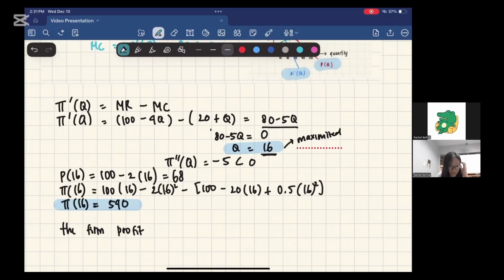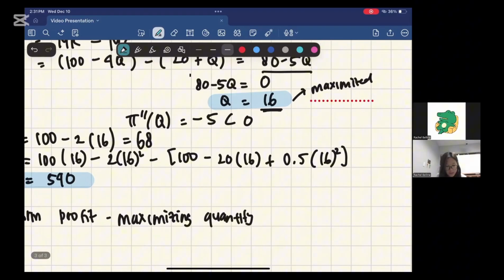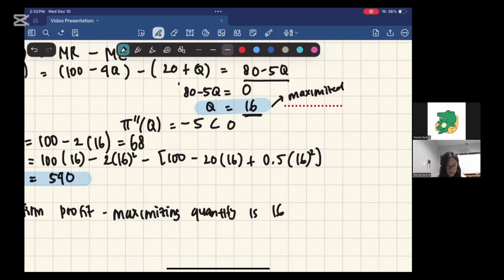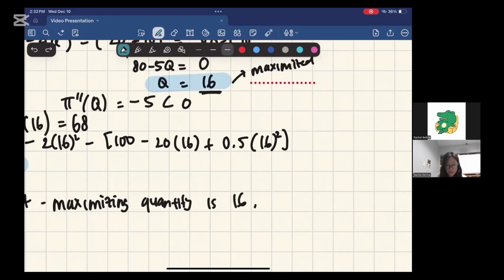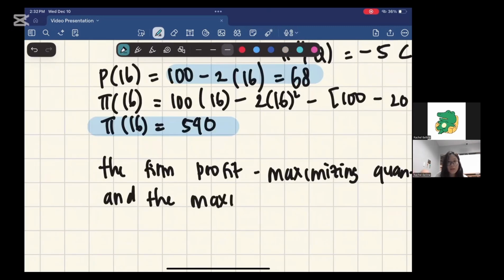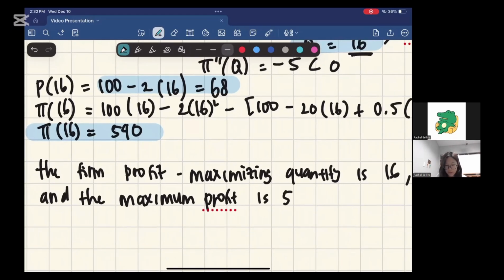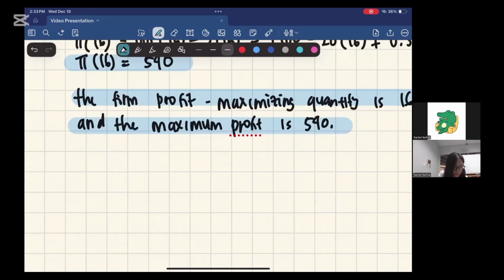So the firm's profit maximizing quantity is 16, and the price is 68. Profit is 540.